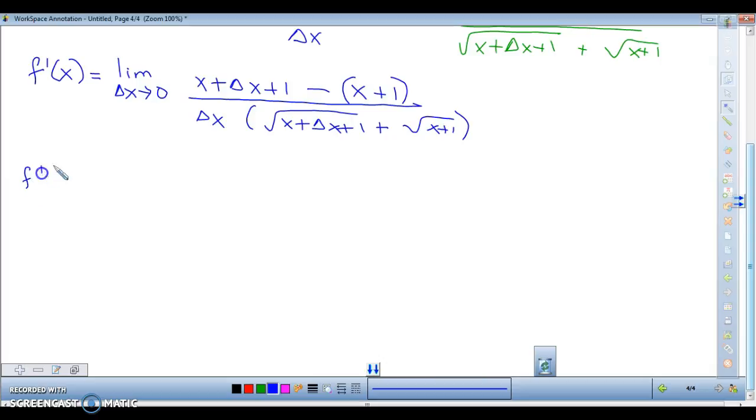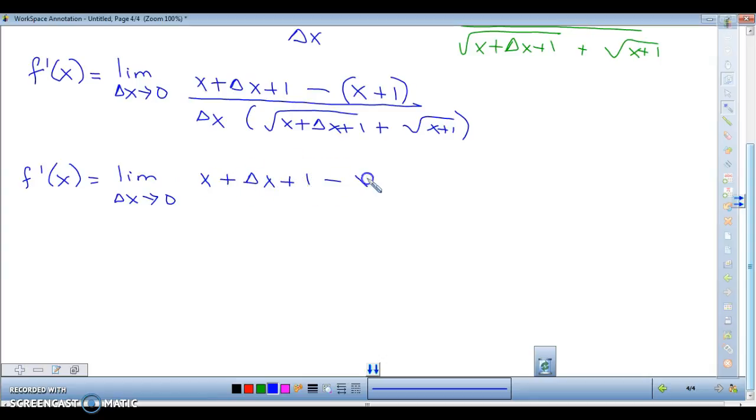So your derivative here is going to be x minus that x is going to cancel, right? If you want to write the whole thing over, you can.